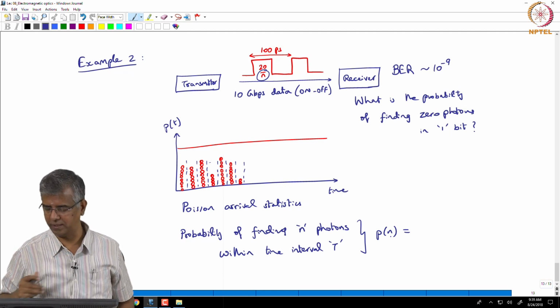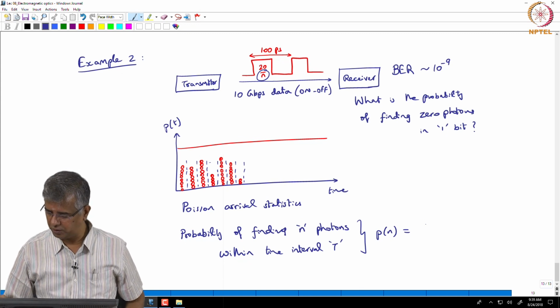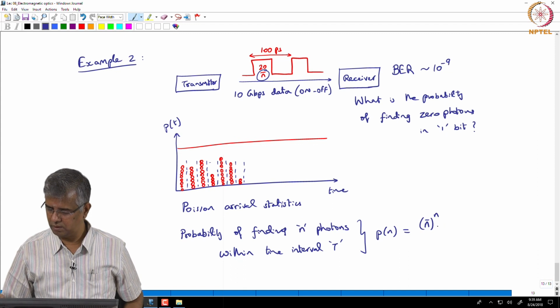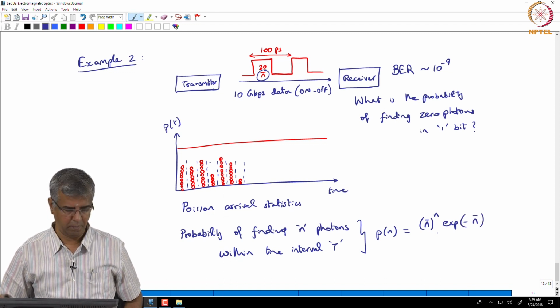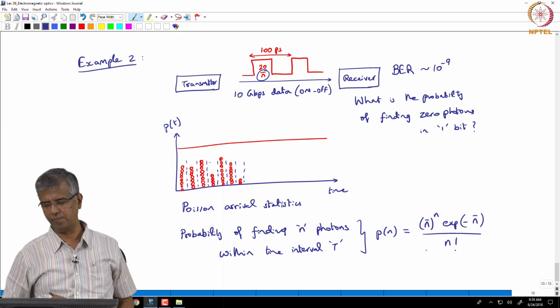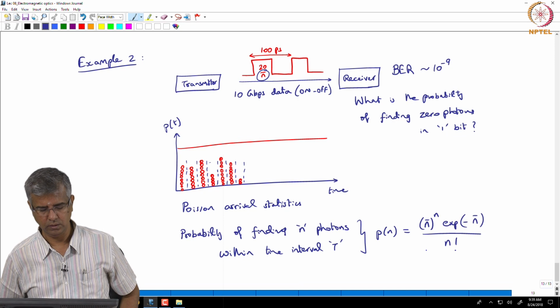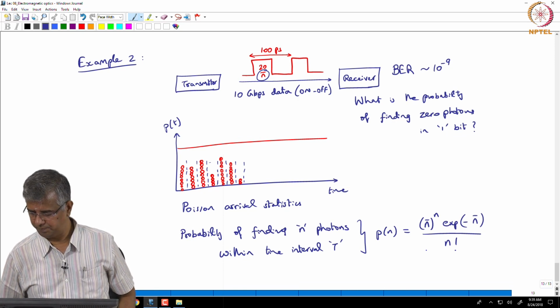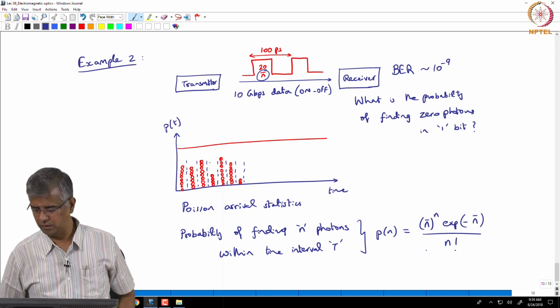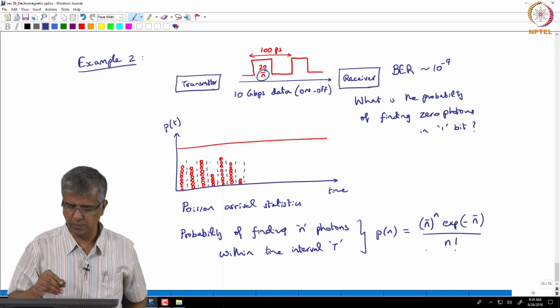That is what we are tracking, and for Poisson statistics it works out to be n bar to the power of n, times exponential of minus n bar, divided by n factorial. This is basically the Poisson statistics.